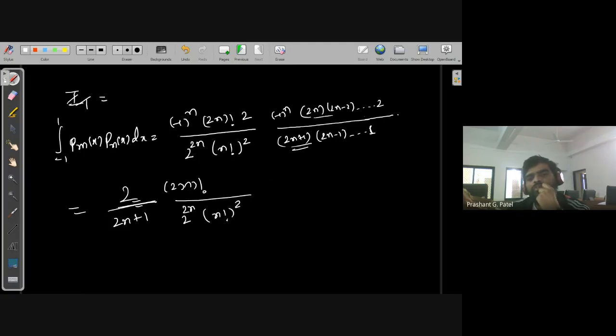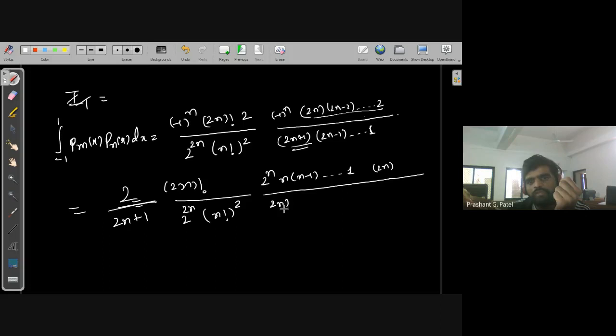Now from this quantity you can take out 2 common, so there are n times 2 common, so you will have 2 power n into n minus 1 up to 1. In the denominator I will multiply and divide by 2n here.